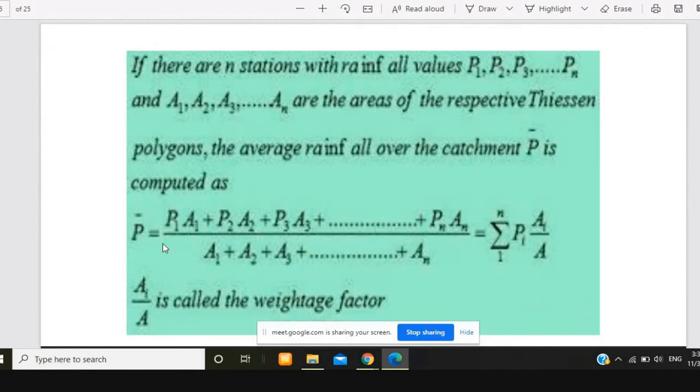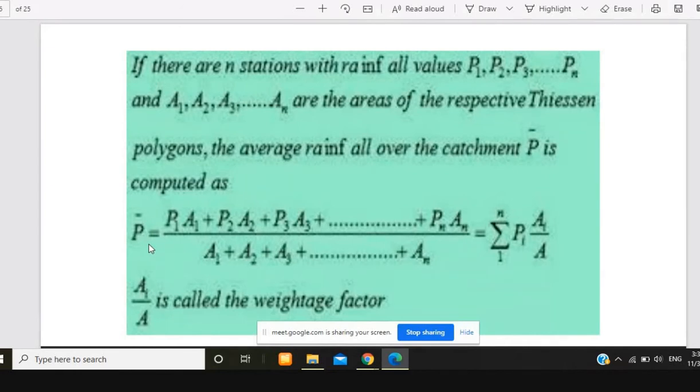If A1, A2, A3, etc. are the areas of the respective Thiessen polygons, and P1, P2, P3, etc. are the station rainfall data, then the average rainfall P bar is P1 A1 plus P2 A2 plus P3 A3 plus etc. Pn An by the total area, where Ai by A is called the weightage factor. That weightage factor is decided based on the area closest to that station. Okay, so this is the equation.